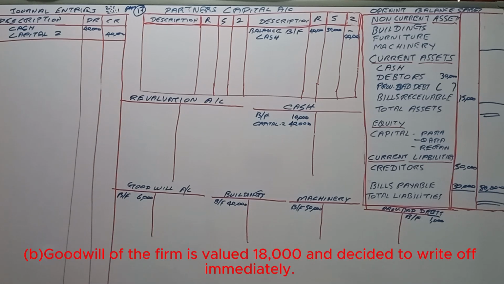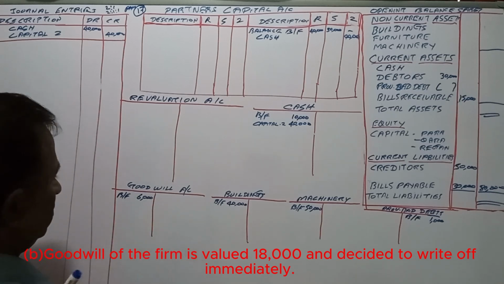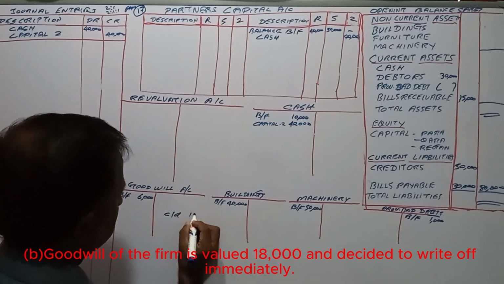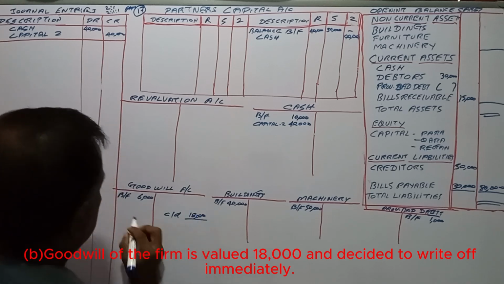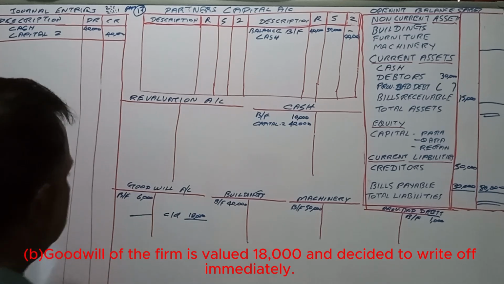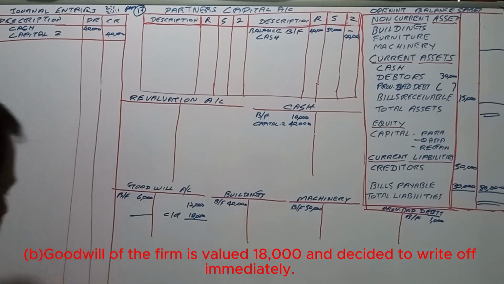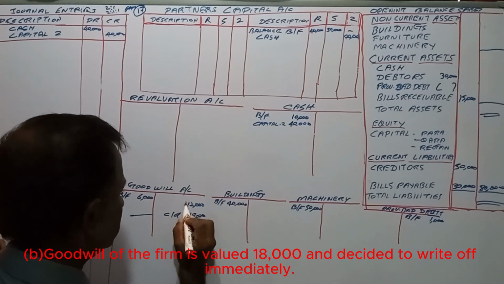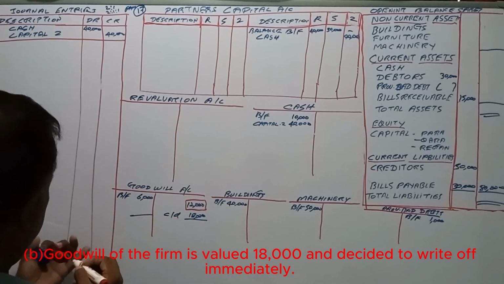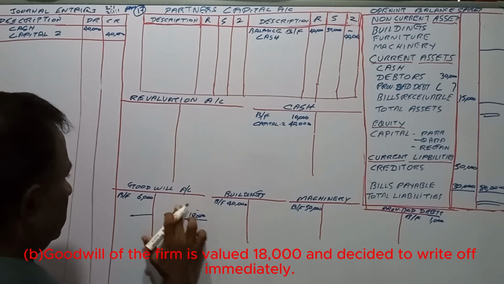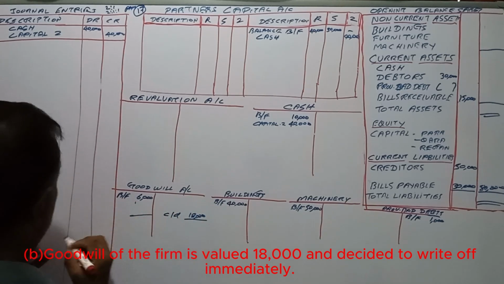And the second one, goodwill of the firm is valued at 18,000, right? Goodwill carried down value is 18,000. So what is the difference? 6,000 and 18,000, so 12,000 should be provided to the capital accounts. 12,000 is the difference, right?